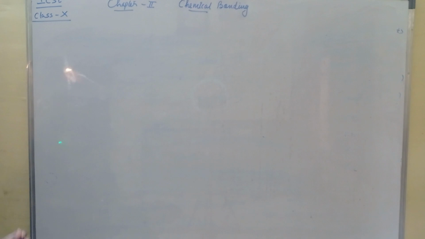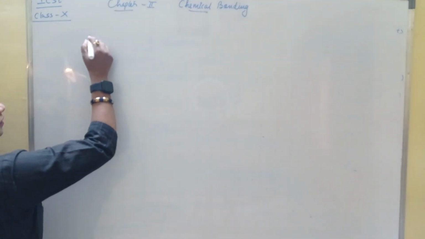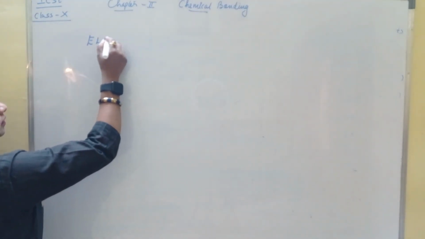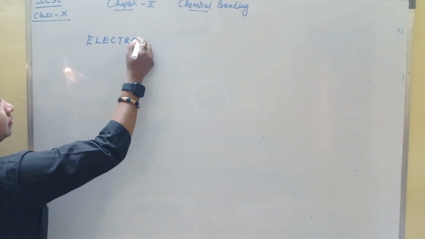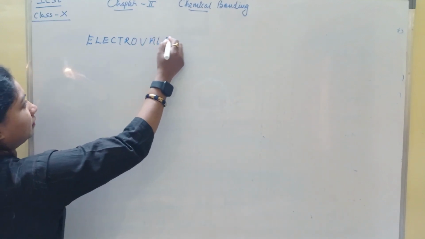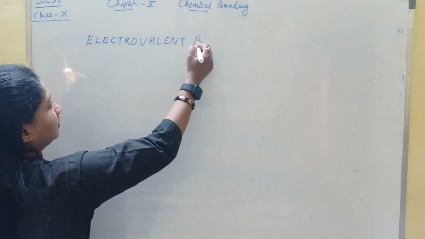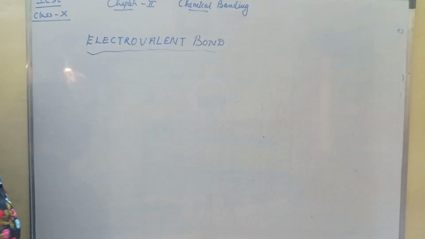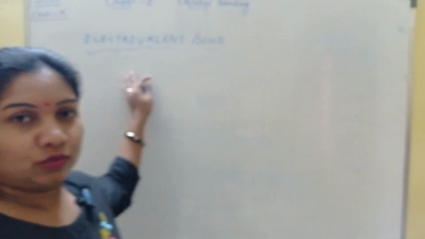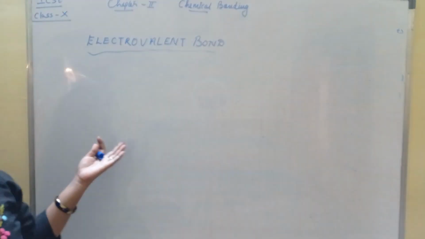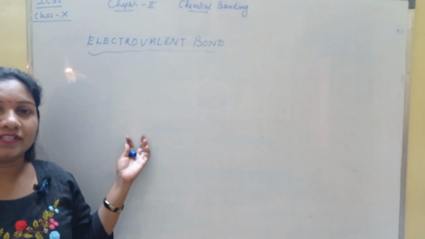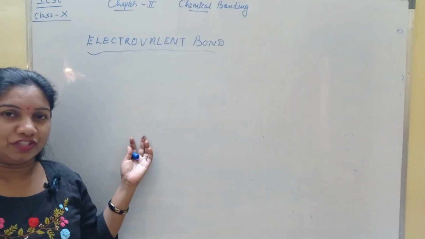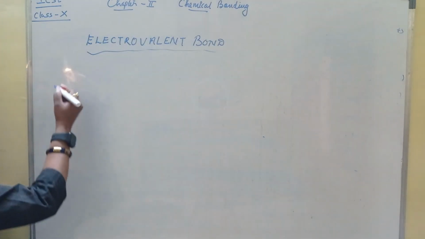So now put the heading electrovalent bond. We have already discussed that electrovalent bond is formed by the donation of electron. है ना?